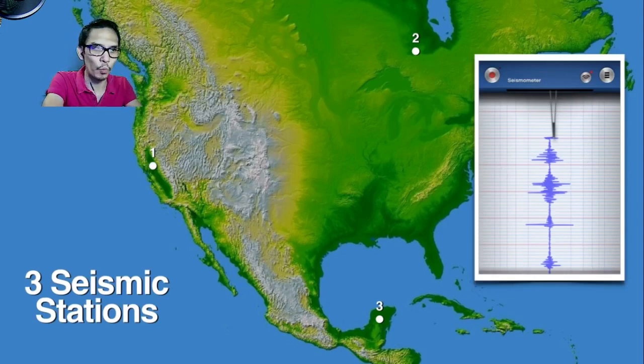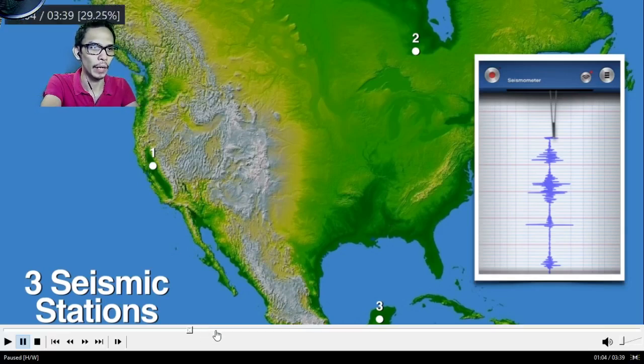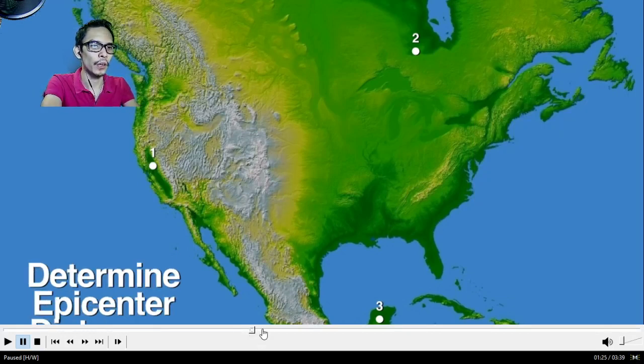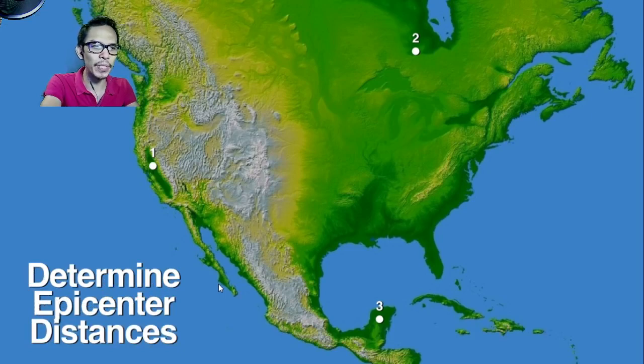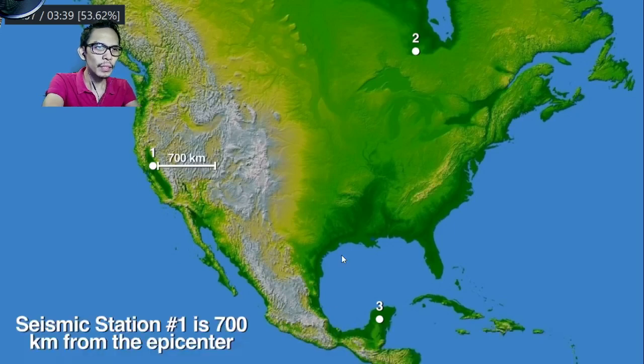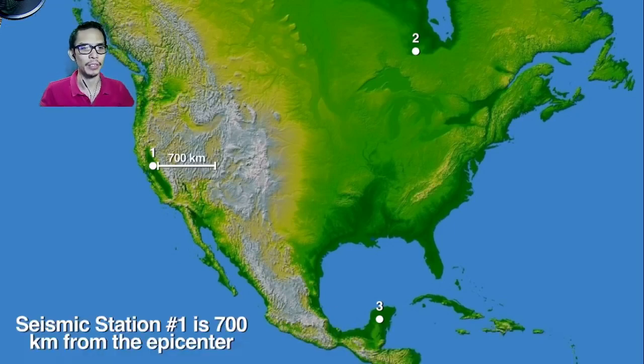Now, let's find out where the epicenter is in this earthquake scenario. The first station, we determined the distance to the epicenter from the first station, and it is around 700 kilometers.